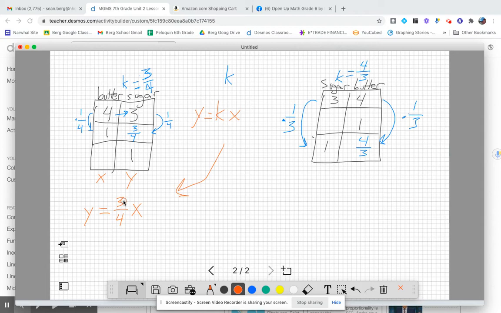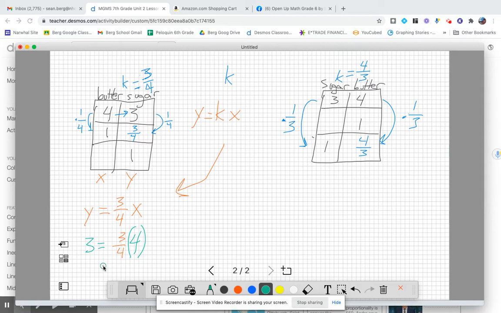So I named the sugar column the y, and if I substitute in 3 for y, 3 equals the constant 3/4 times the x value, which is 4. Is 3/4 times 4 equal to 3?